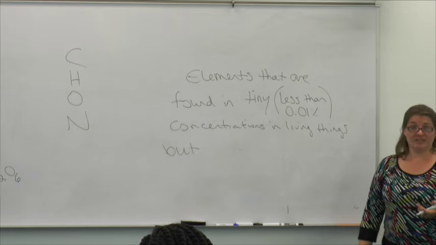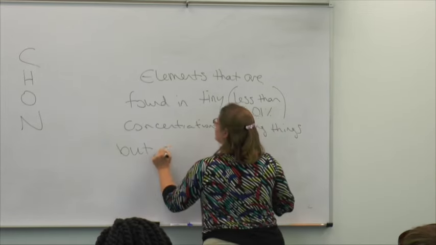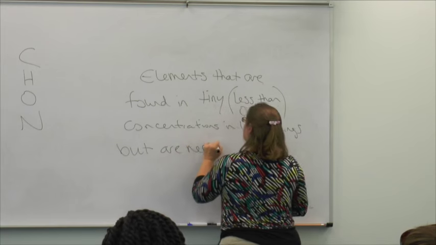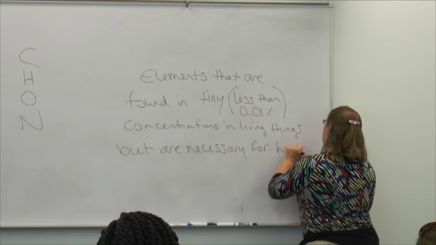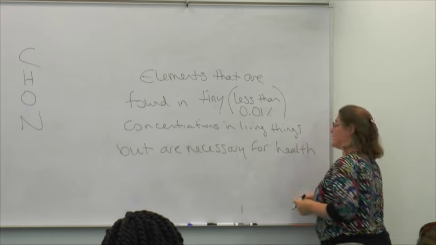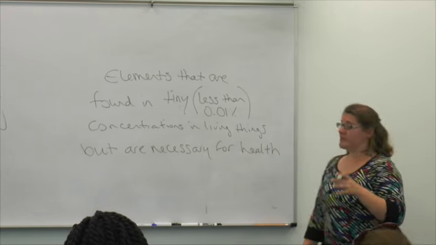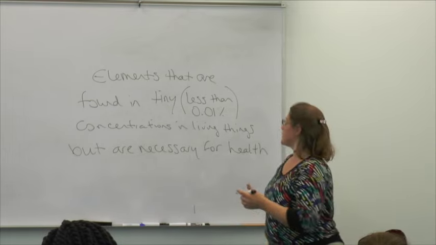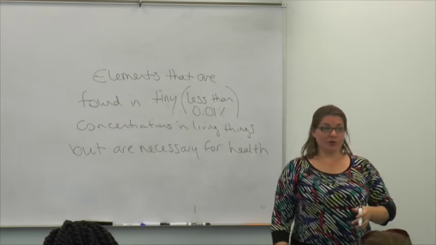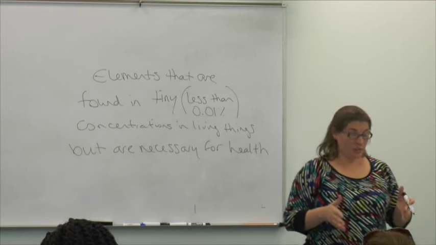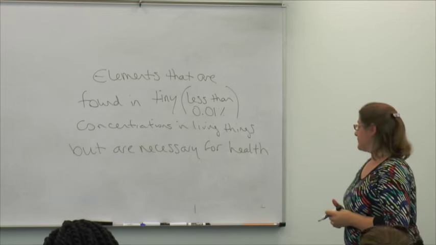No. Are they essential? Yes. We need them for proper health and functioning, right? So trace elements are elements that are found in very small, tiny concentrations, less than 0.01%. Even though they're in our bodies in such a small concentration, they are very important for proper health and functioning.